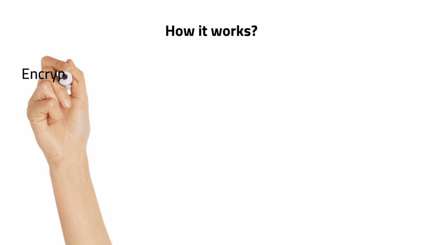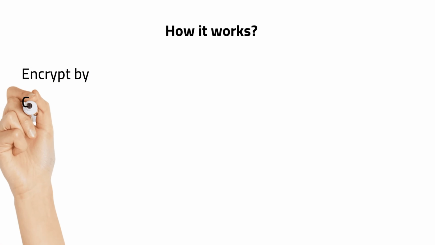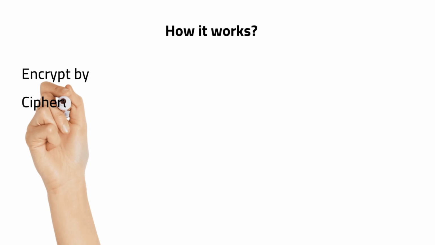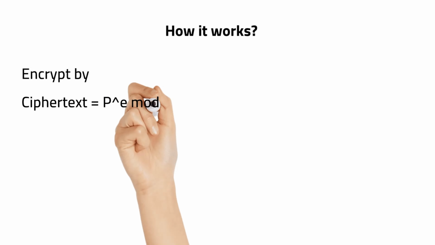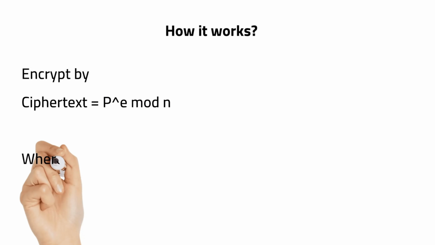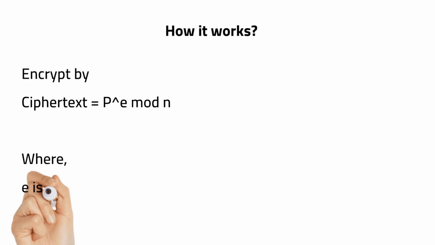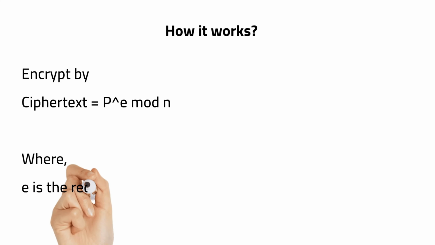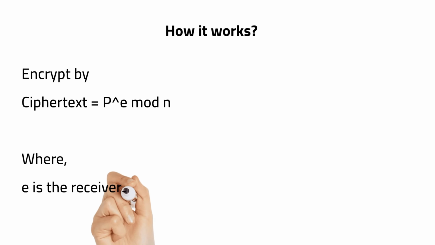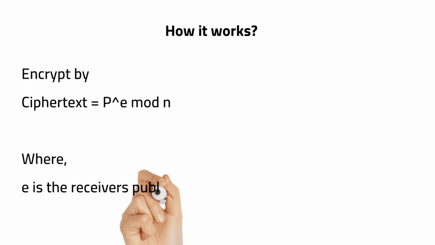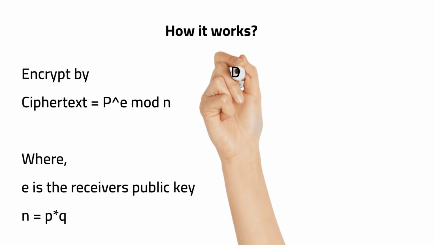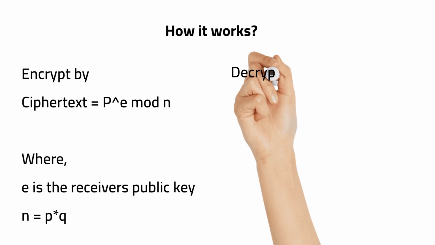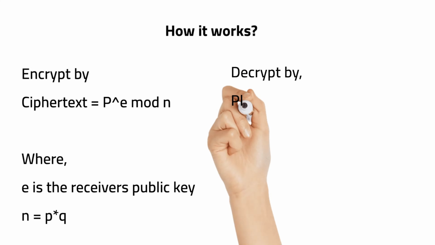To compute the ciphertext, we have to use this formula. Ciphertext is equal to plain text power E mod N. Here E is the public key of the recipient. How can we decrypt it? Alice now uses her private key, the component D, to compute the plain text.